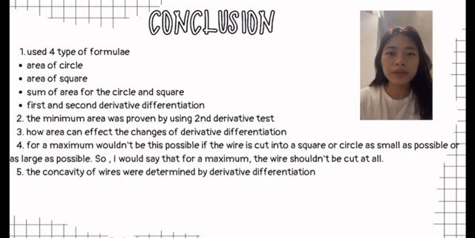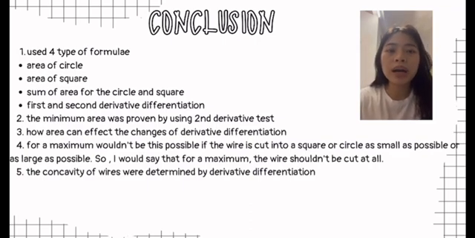So briefly, the problem statement from the question is, what is the minimum area enclosed by these two wires? After we found the total area of the circle and square, we can use the first derivative and second derivative to test whether the area is minimum or maximum.